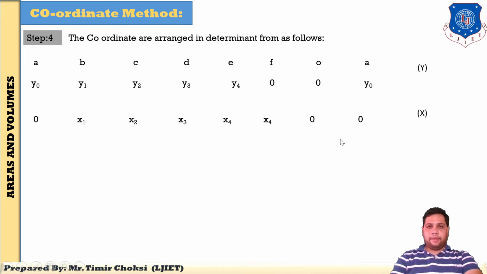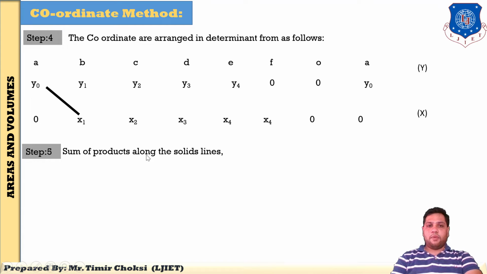Now next step, step number 5, sum of product along the solid line. So now you find the sum of product along the solid line, meaning y0 into x1.